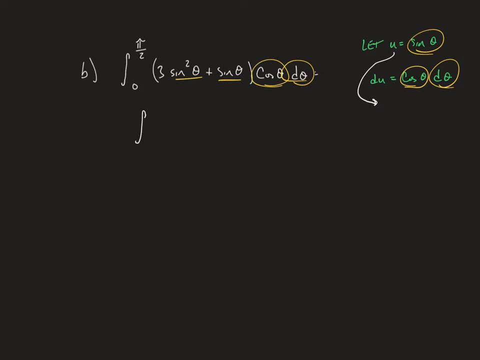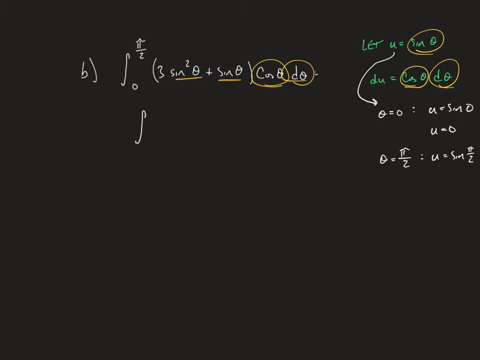So if u is sine of theta and theta equals 0, then u is equal to sine of 0. And what is sine of 0? Well, that's going to be 0. Okay, but what if theta is pi over 2? Well, then u is going to be equal to sine of pi over 2.